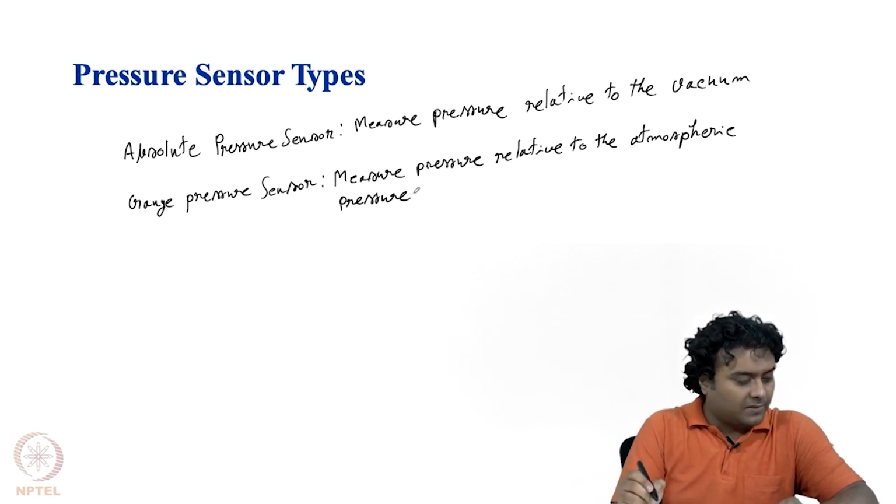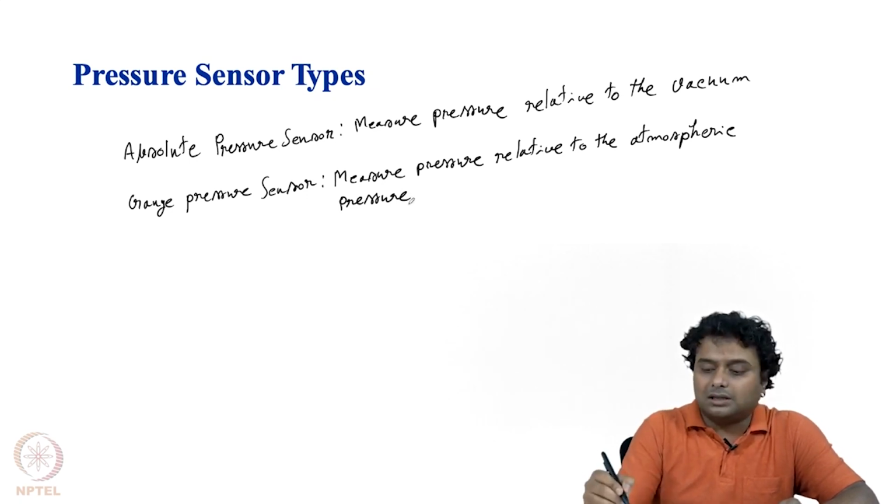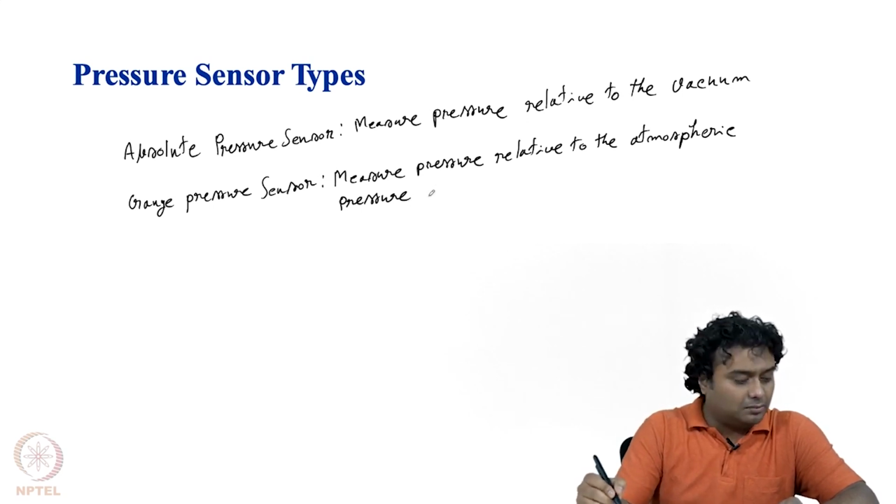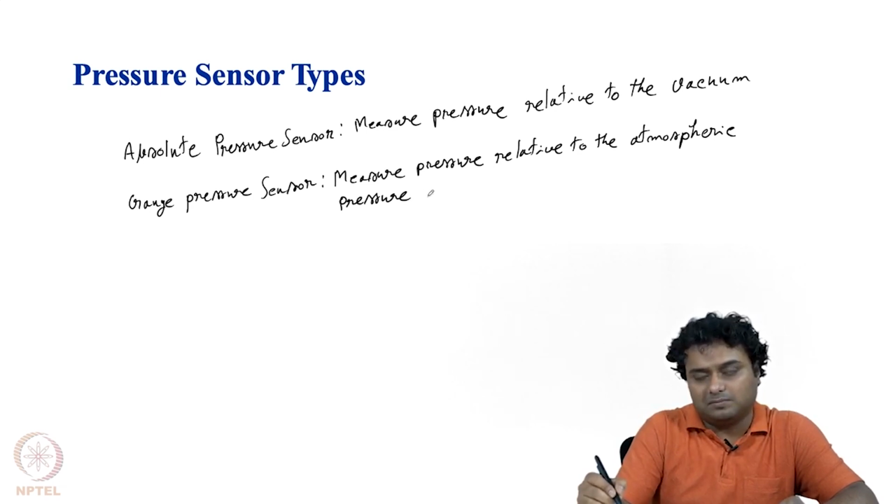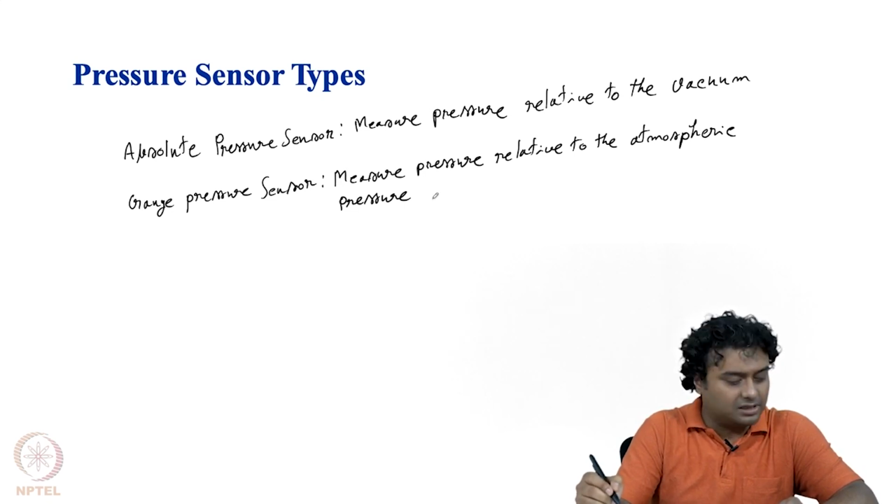What is an application of this? Like blood pressure: when we measure a patient's blood pressure, that is relative to the ambient atmosphere. So that is an example of a gauge pressure sensor.